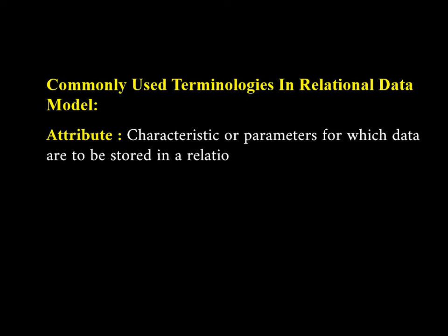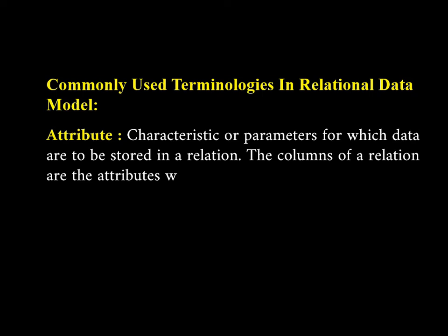The columns of a relation are the attributes, which are also referred to as fields. In a table, the columns are also called the attributes or the fields, which contain the information. Looking at the fields, we can understand what type of information is stored in that particular attribute or particular field or particular column.